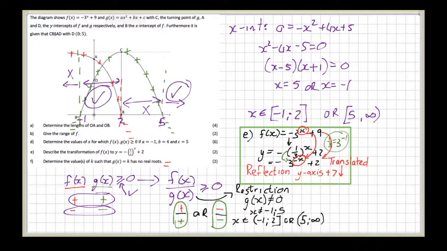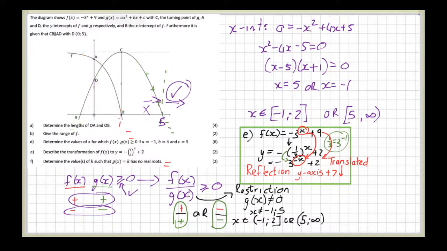Let me quickly look at question F. Now, for question F, ladies and gents, I am just going to make my graph a bit cleaner.